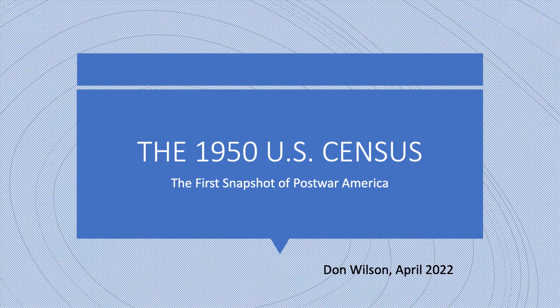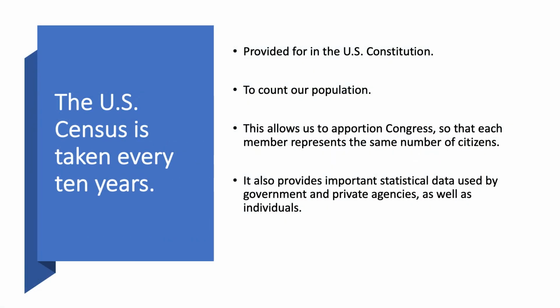Today, I'm going to be talking about the 1950 US Census, which we call the first snapshot of post-war America. The US Census is taken every 10 years, as you probably know. It's provided for in the US Constitution.